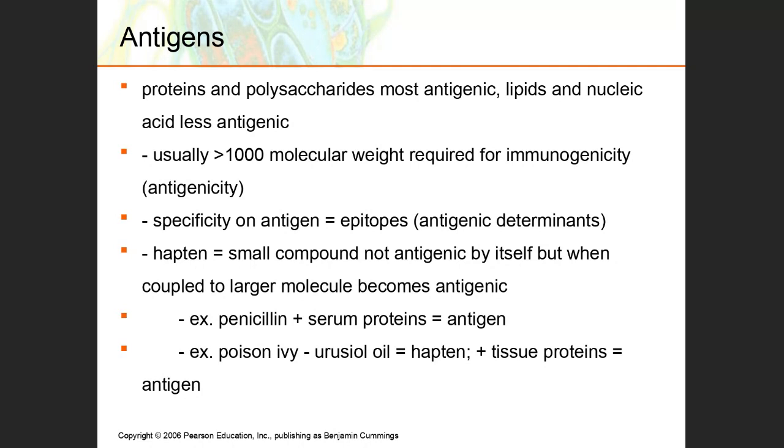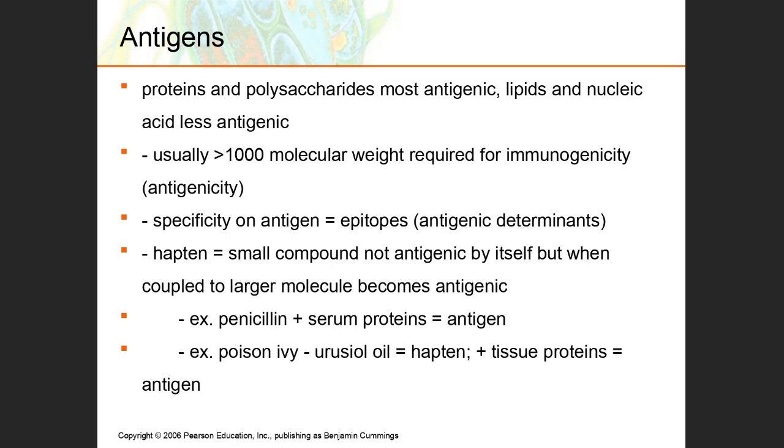But what can happen is that if the hapten gets stuck to one of your tissue proteins, that combination of hapten and protein looks foreign to the immune system, and that can trigger the immune system to attack. But these are usually inappropriate responses where you do not want the immune system to attack, because the immune system ends up doing damage to the host. And we'll talk about those kinds of reactions next class.